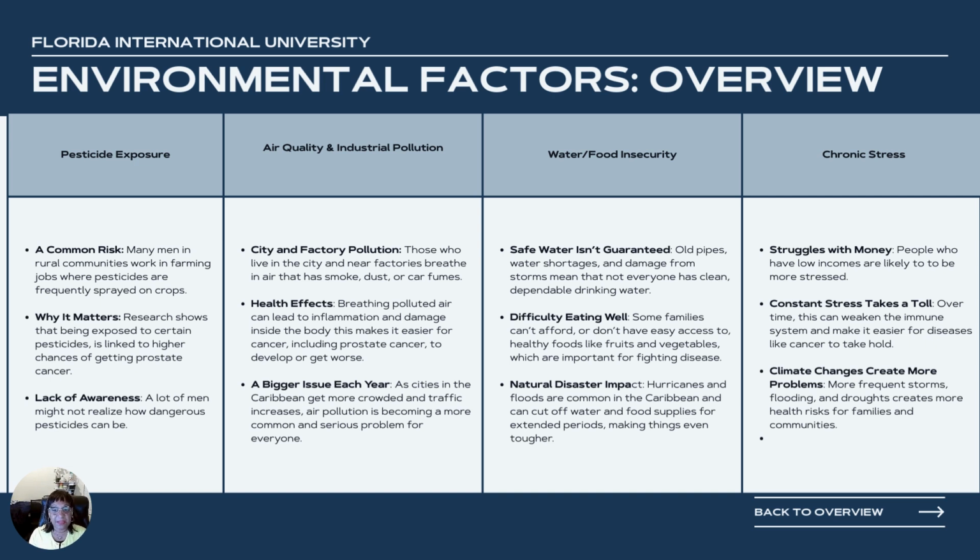Then we have the climate changes, which create more problems, and as a result of climate change, we have more frequent storms, flooding, and droughts, which create more health risks for the family and for the men in the community.